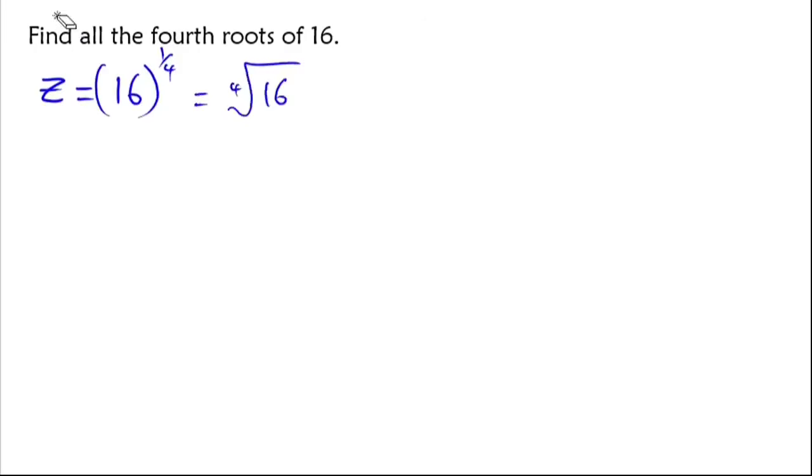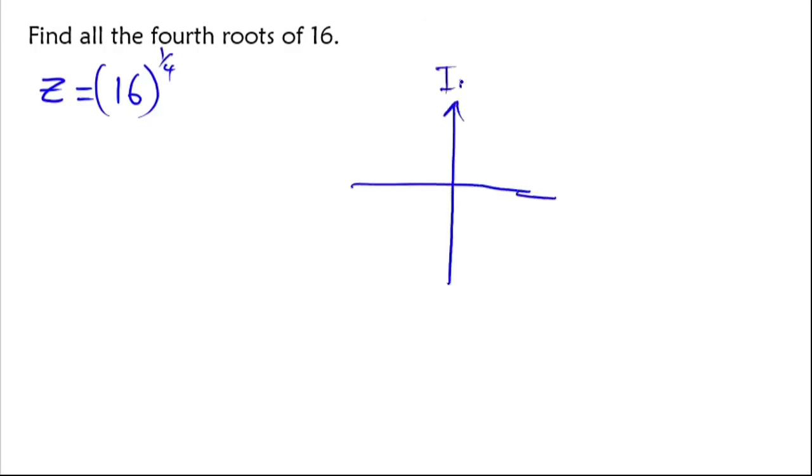Now, if we have it like this, this is a completely real number because on the Argand diagram, this is the imaginary of z. In this direction, this is the real of z. Now we know that in this direction, the angle here is 0, the angle here is 90, the angle here is 180. The angle down here is 270, like that.